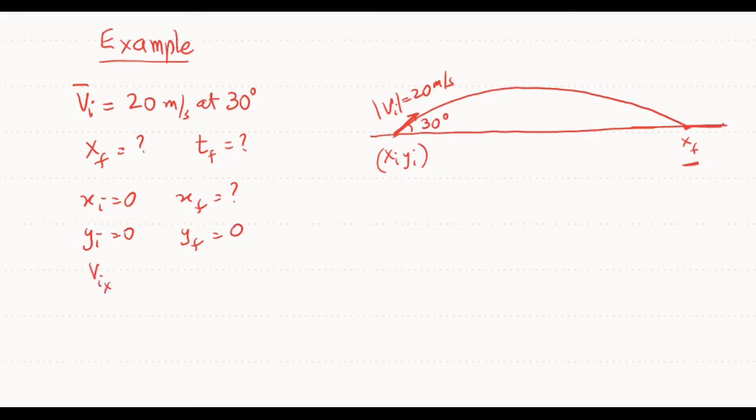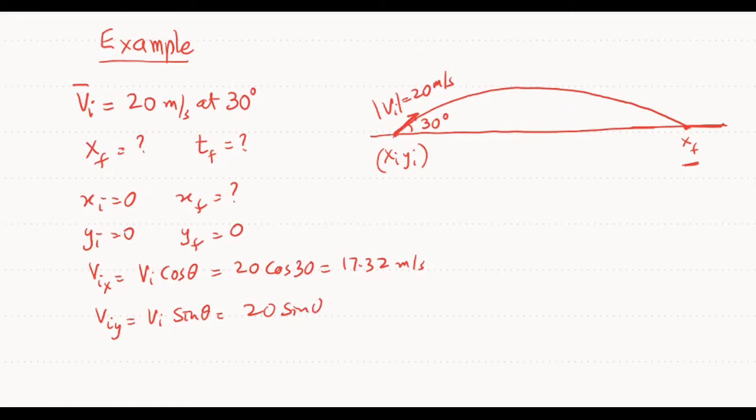V initial in the X direction is V initial cos theta, so that's 20 cosine 30, 17.32 meters per second, and V initial in the Y direction is VI sine theta, so 20 sine 30 is 10.0 meters per second.